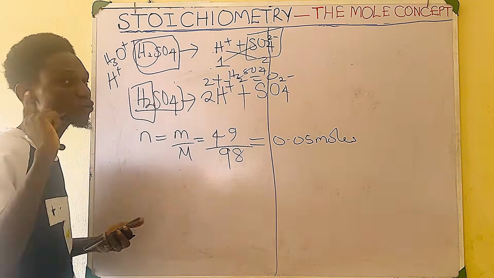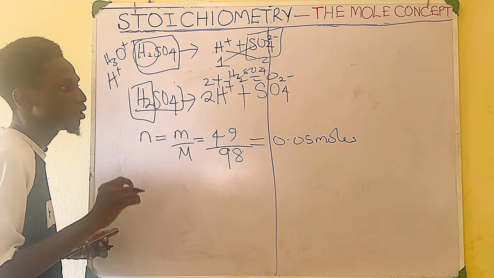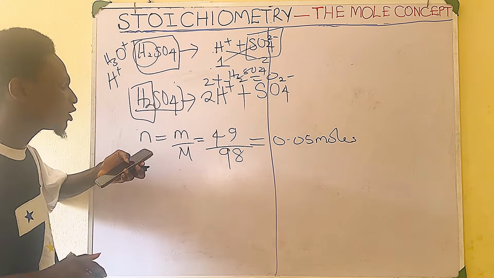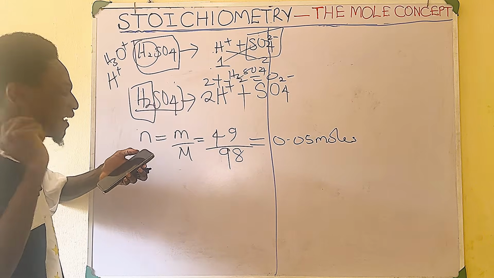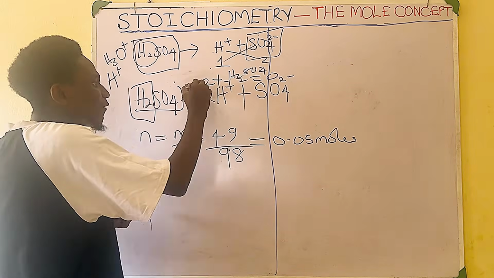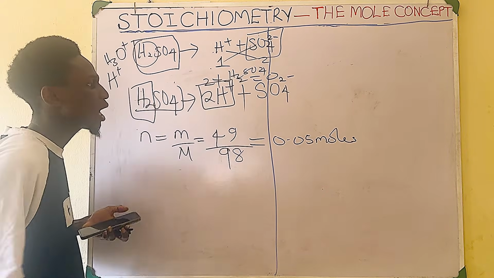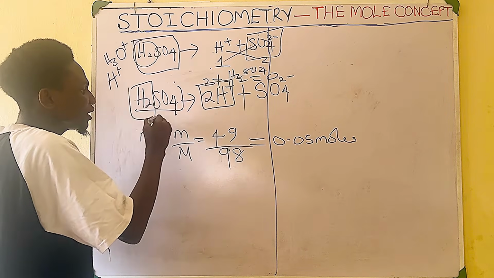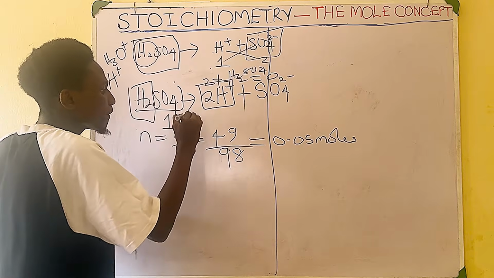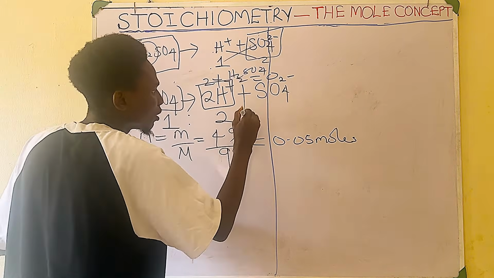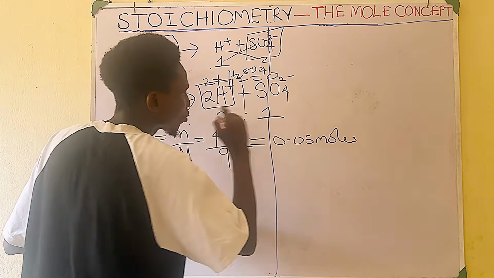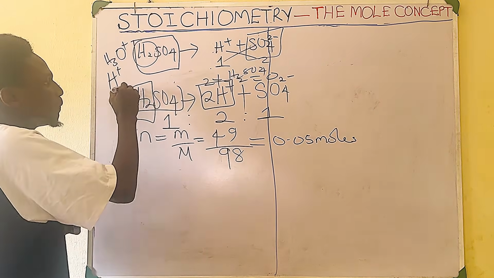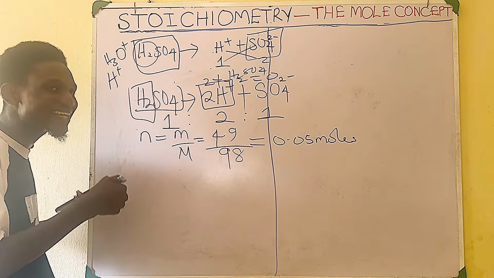Now, there's a relationship I want to show you. Open your eyes. This question is not asking for H2SO4. It said, what is the number of hydrogen ions? It's asking for hydrogen ions. Now, I have to take note that hydrogen ions has 2 moles. There's a relationship in chemistry where we relate moles from the balanced stoichiometric equation.